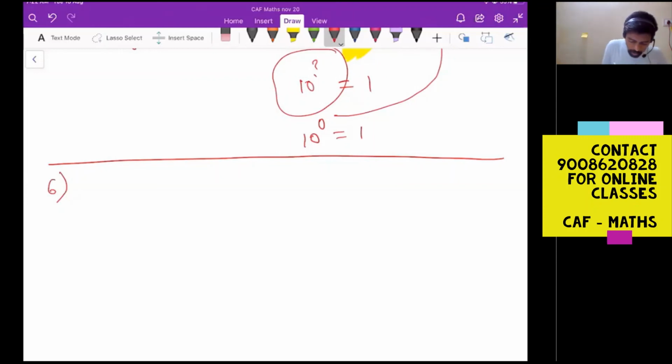The next property is the change of base rule. I hope you know this. Log a to the base b can be written as log of a divided by log of b.